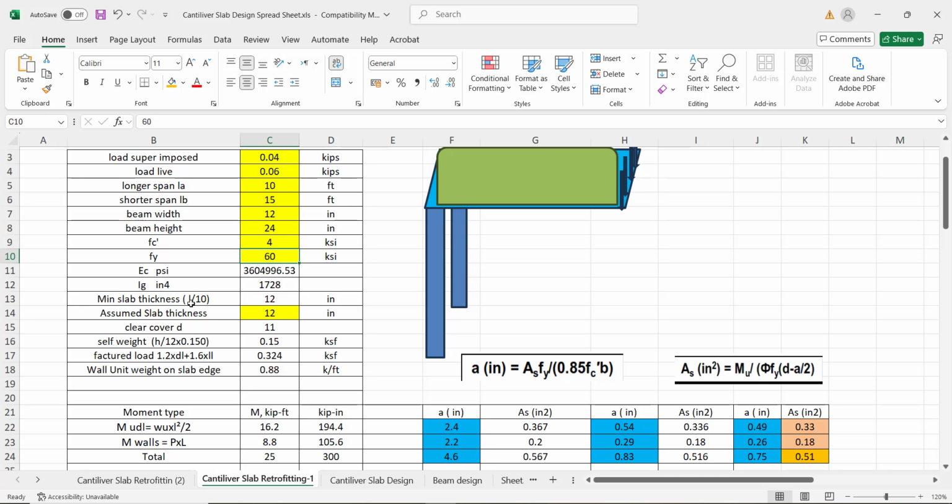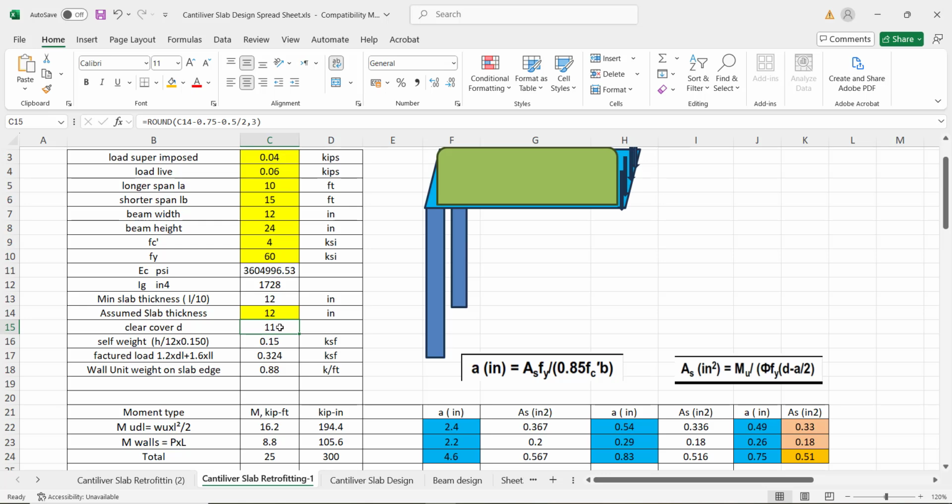So according to the formula, the minimum thickness required is 12 inches, 1 foot, and we provide the same, 1 foot, 12 inches. Okay, the clear cover will be calculated automatically, the thickness minus the clear cover minus the bar diameter divided by 2.